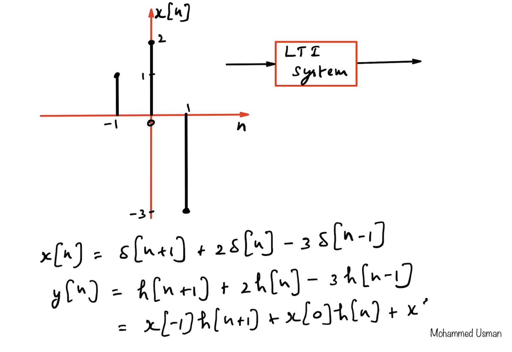So it is plus x of 1 times h of n minus 1.